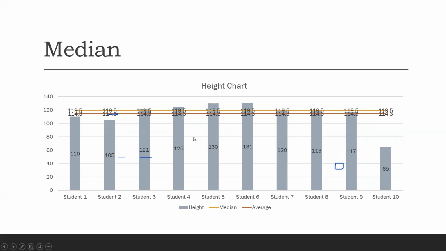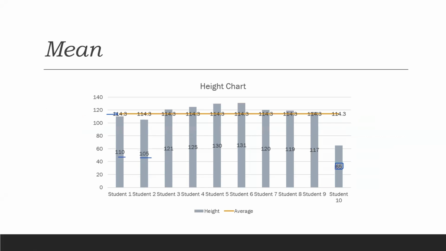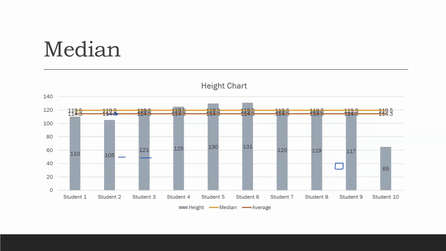Because we have an even number, there are two centers, and we capture the average of both those center values. So in this case, the median value is 119.5. If you look at the previous slide, the average was 114. You know how to calculate the average. Similarly, to calculate the median, we can use Excel formulas, or do it manually.